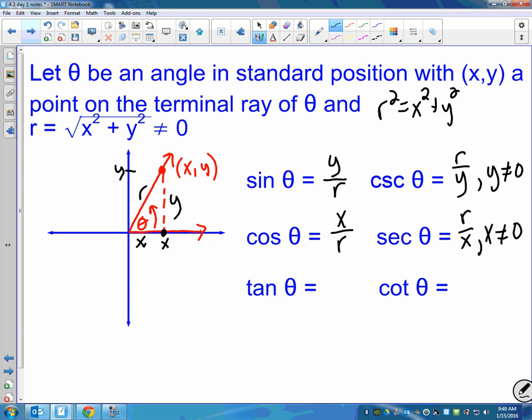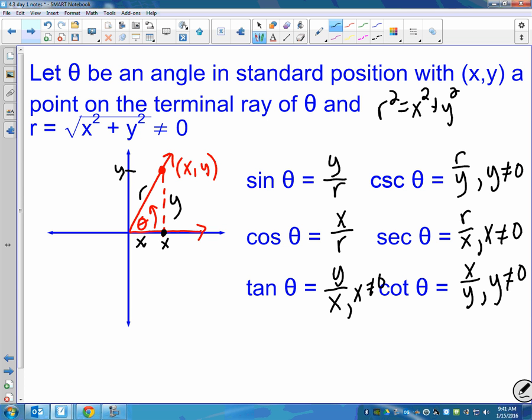And tangent, I don't even need r for tangent, right? Tangent is opposite over adjacent, or in our coordinate plane will be y over x. We do need to say that x can't equal 0. And our cotangent is x over y, where y cannot equal 0. Which means 4 of our 6 trig functions can be undefined when you have certain values.